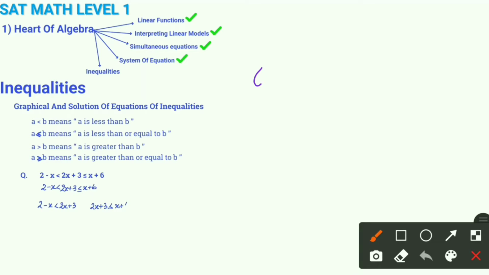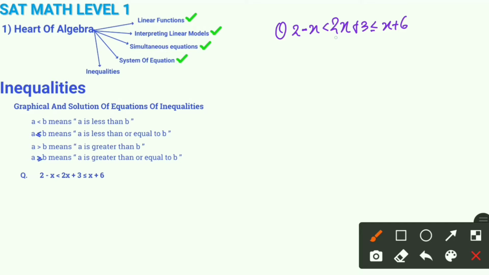Okay, so let's say that we have this equation, and we need to find the inequality. First of all we are going to break it down. 2 minus x, 2x plus 3, and 2x plus 3, x plus 6. Whenever you are given this kind of question, you will always try to break it down.